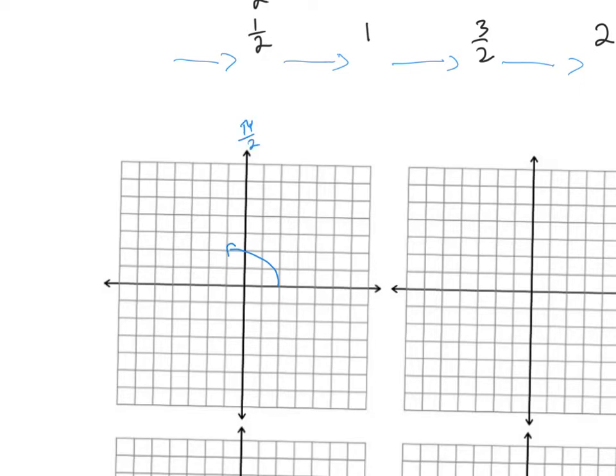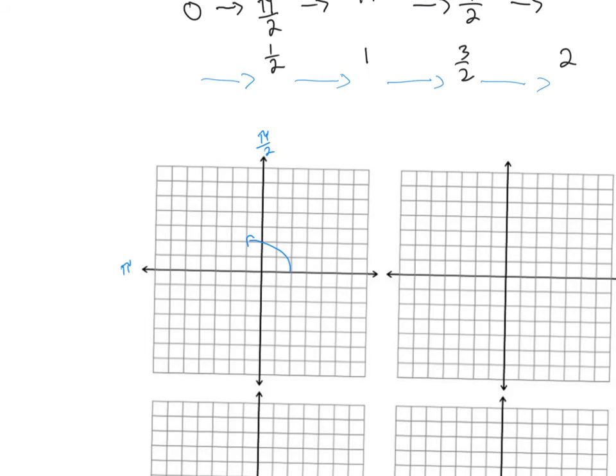So if I were going in the positive direction this way, this would be pi over 2, this would be pi, this would be 3 pi over 2, this would be 0, and I would end up at 2 pi. If I were going in the opposite direction, the negative direction this way, then this would be negative pi over 2, this would give me negative pi, this would be negative 3 pi over 2, and then this would be negative 2 pi.